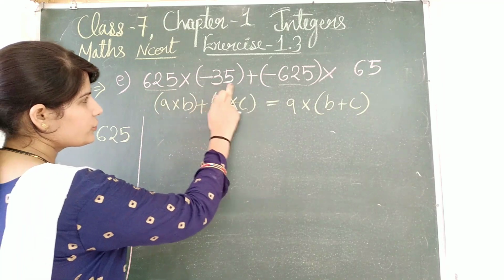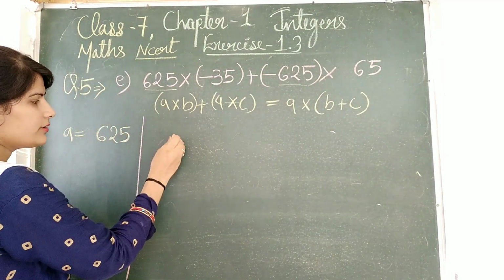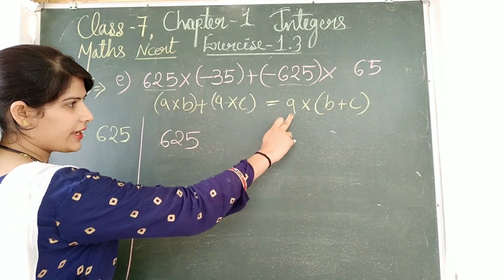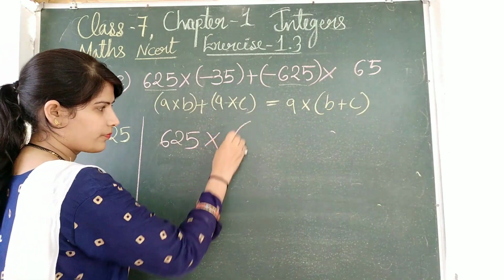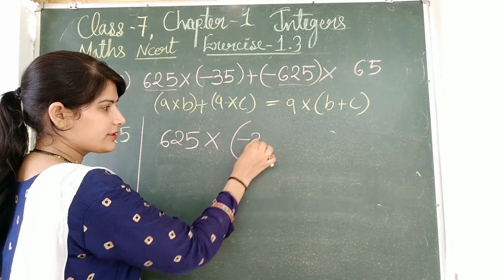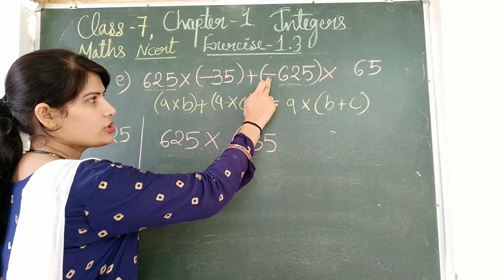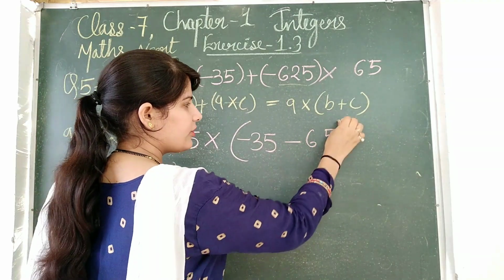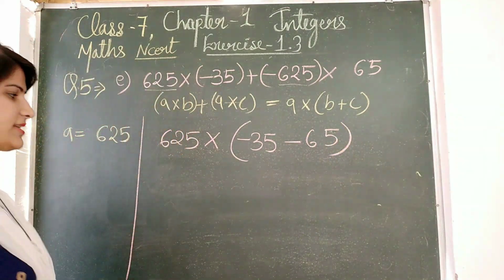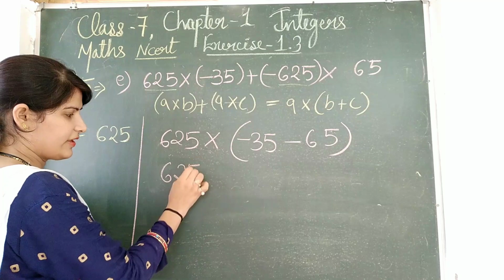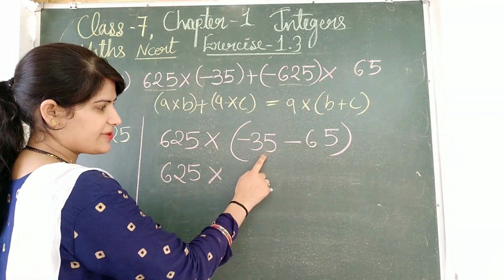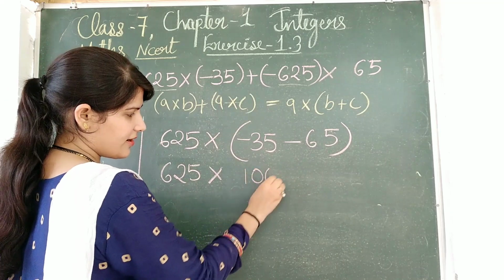So what we have to do is take common 625, that is the value of A, into, here what is left? Minus 35. Here also plus into minus is minus 65. Okay. Now 625 multiplied by minus, minus minus plus, 65 plus 35 is 100.